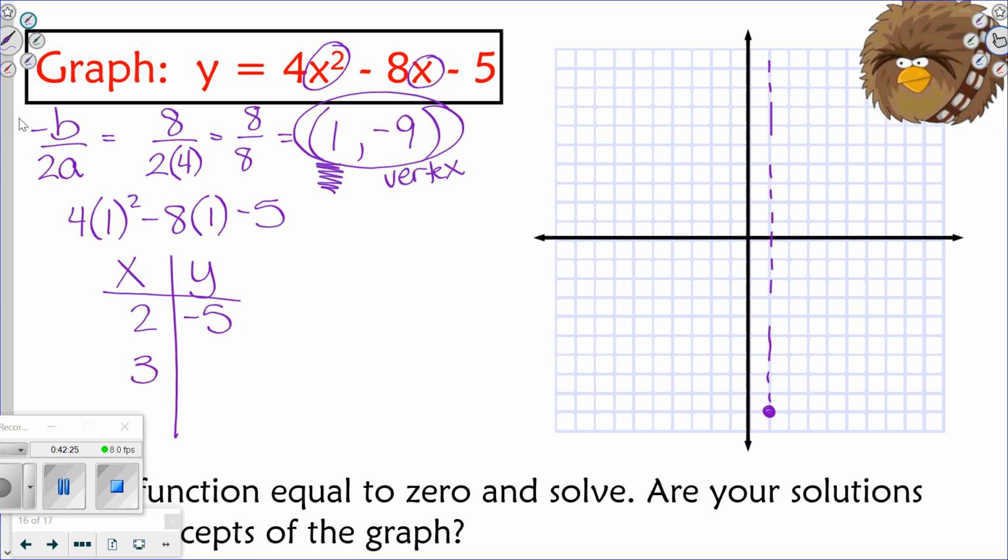Good. So 2, negative 5, and reflect it, and 3, 7, and reflect. Now those points are far away, so be careful when you're graphing this.